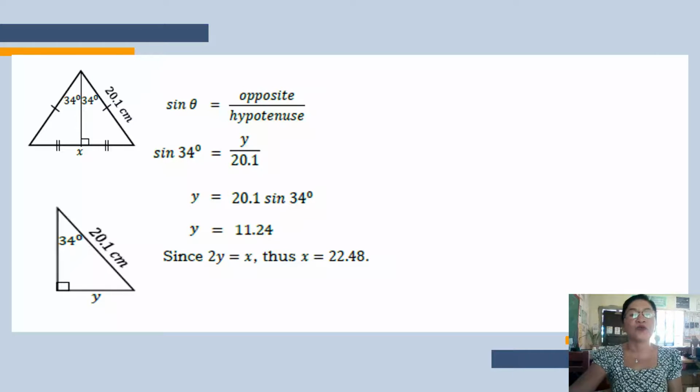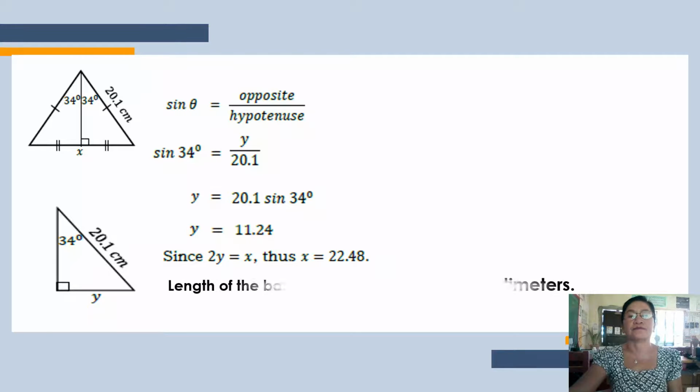Since 2y is equal to x, x is now equal to 22.48. How did you get this? We multiply 11.24 times 2.